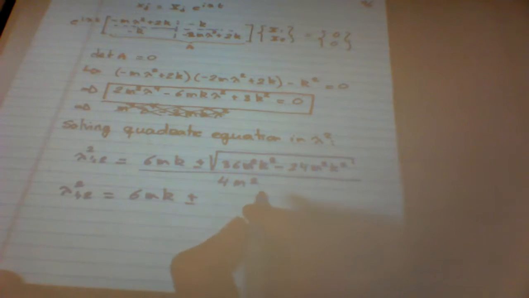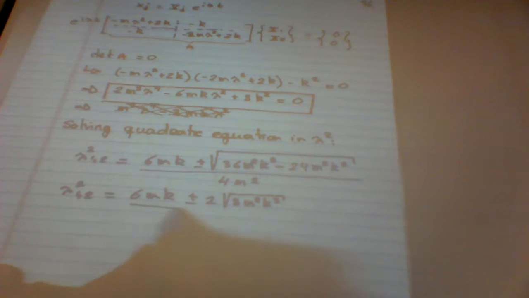So I need to put here 2, no? Taking the 2 outside the square root. Yeah. And then I have the square root of 3. Oh no, there should be an mk on the outside. I do that on the next step, okay? I should have put it on this one, you're right.